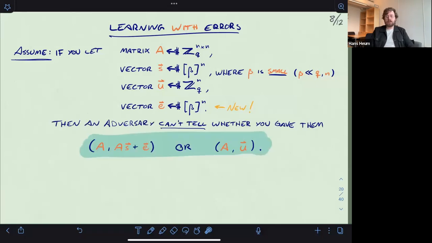And then the new assumption is that the adversary can't tell whether you gave them A and A applied to S, then perturbed by this small error vector E, or whether you gave them A and a uniform vector.